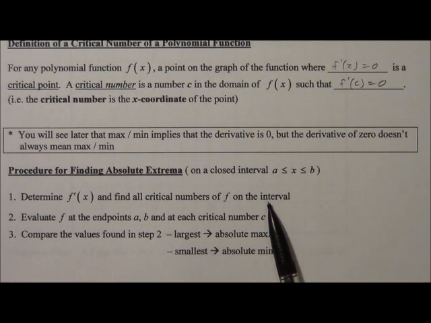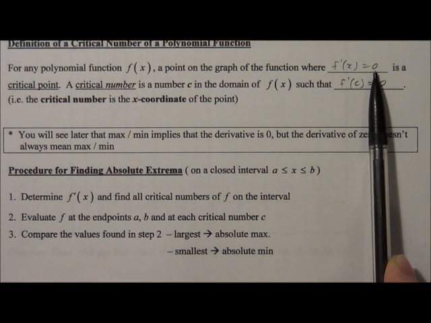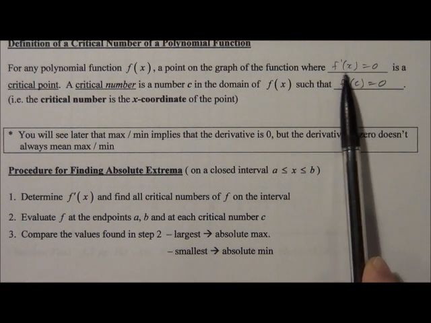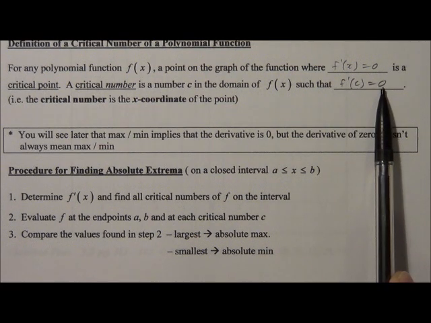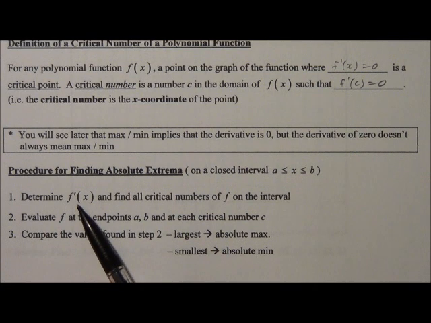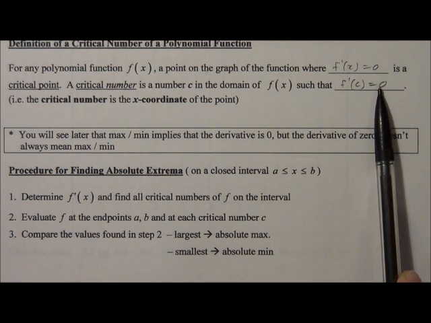That means we're going to locate where f prime of x is 0 and locate all these c values where, when we evaluate f prime of c, we get 0. So we're going to find the derivative and then locate all the critical numbers, so all the x values that give us a slope of 0.